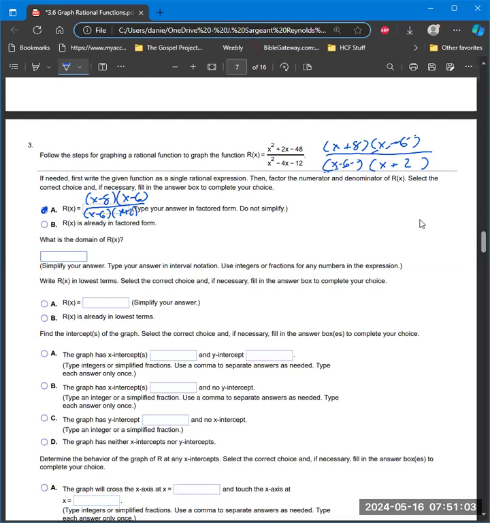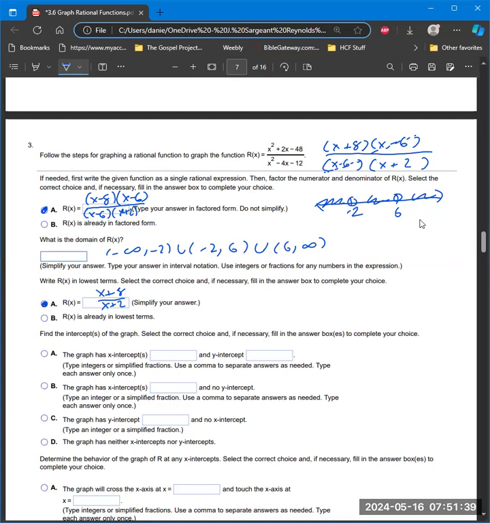And the domain is going to be x can't be -2 or 6, but can be everything else. That's -infinity to -2, union -2 to 6, union 6 to infinity. Now in lowest terms, this is going to be x plus 8 over x plus 2.